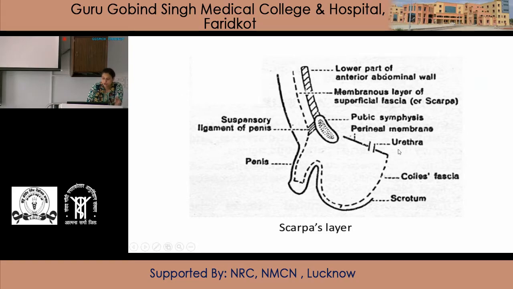If there is rupture of the urethra, the passage of urine is prevented by the attachment of these two layers, that is the membranous layer of the superficial fascia or Scarpa's layer and the Colles fascia of the perineum. These two layers prevent the passage of urine upward into the ischiorectal fossa and downward into the thigh.